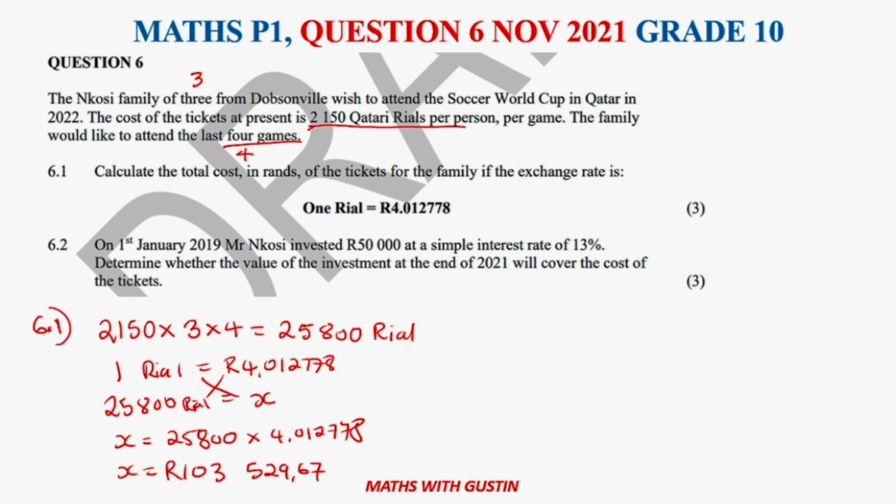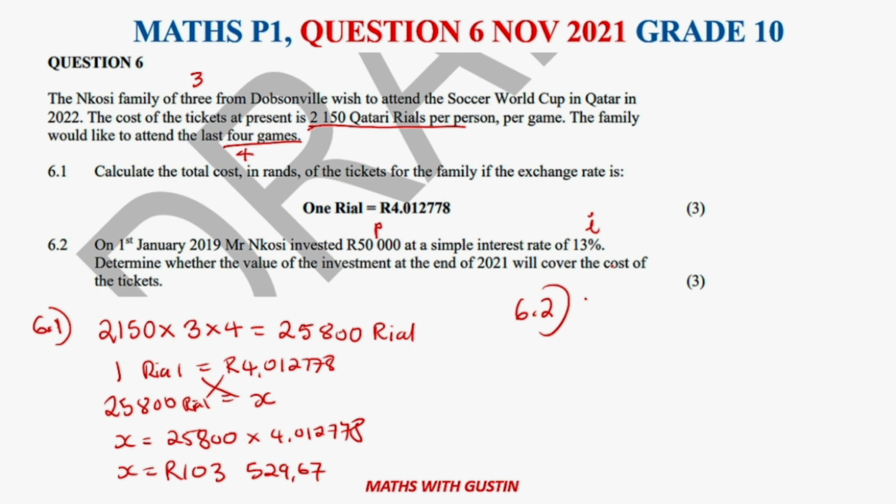Now let's move on to 6.2. On 6.2 they are saying on the 1st of January, Mr. Nkosi invested 50,000. So Mr. Nkosi invested 50,000, which means P is the starting amount, at a simple interest rate of 13%.